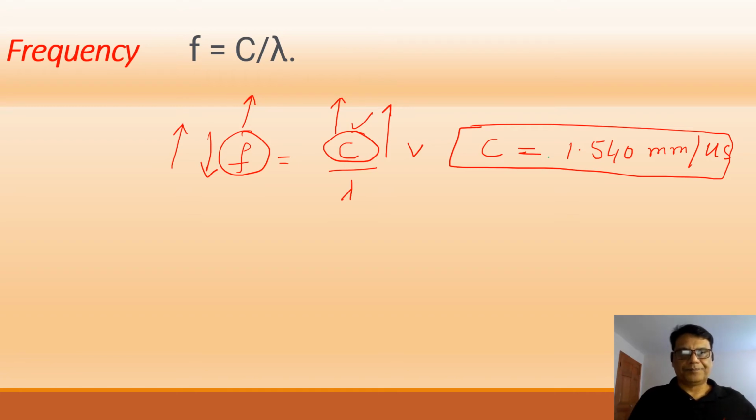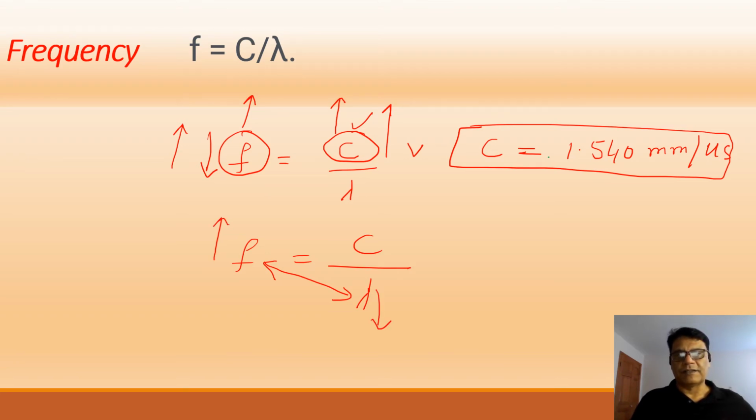And this is wavelength. Frequency and wavelength have an inverse relationship. Inverse relationship means when one quantity increases, the other quantity decreases. If you increase wavelength, the frequency will decrease.